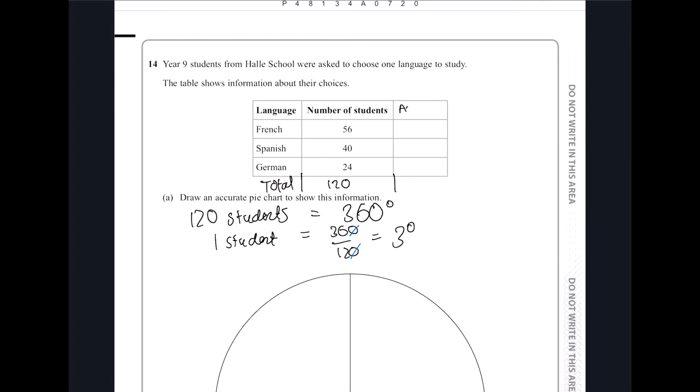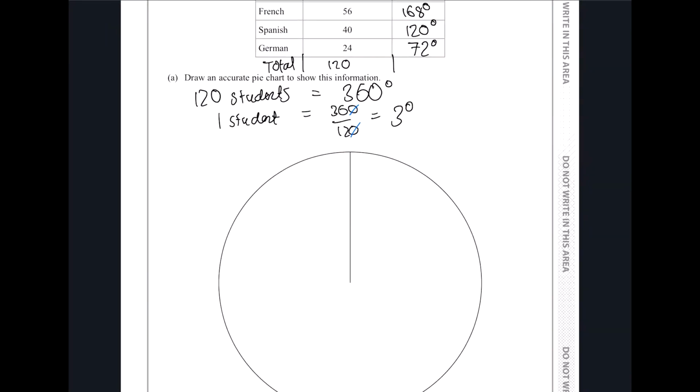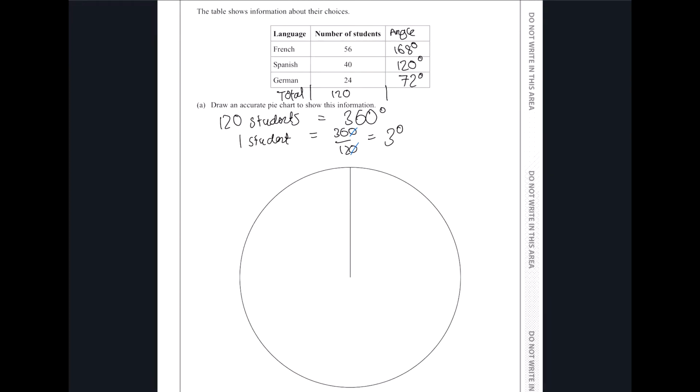Then for 40, 3 times 40 is 120 degrees. And then 3 degrees for each student times the last one, which is 24 of them. 3 times 4 is 12, 3 times 20 is 60, so 60 plus 12 is 72. Now it's a case of accurately drawing this out. I haven't got a protractor on me, but hopefully if you do, you'd be able to measure it out accurately.